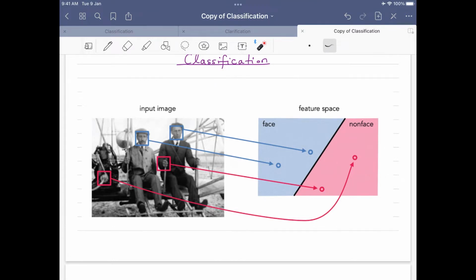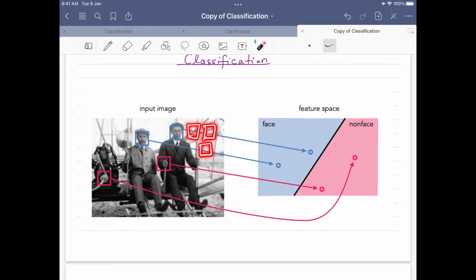So here what you can see is I'm trying to distinguish whether a face is there in an image or not. We are taking images of size, let us say, 16 cross 16, and I'm moving this box across the image.